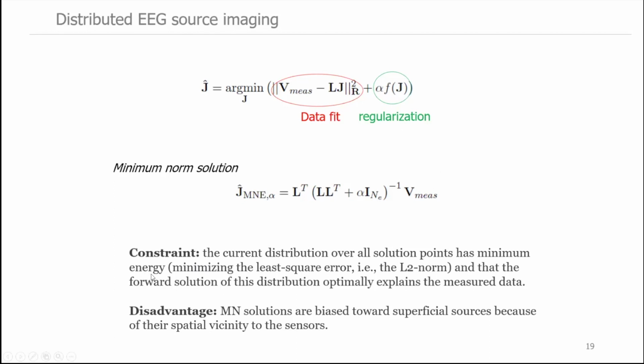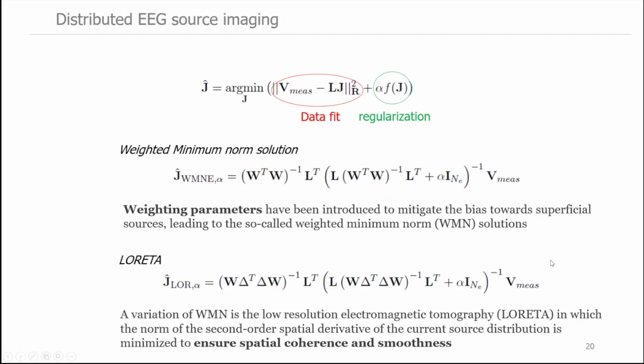So basically, if you say I want a solution that has minimal energy, you will actually bias your solutions towards superficial sources because they are closer to the sensors and they need less amplitude to achieve the same electrical field as deeper sources. So basically here, because you have this imposed constraint, the solutions will be more shifted towards the neocortex and less to the deeper brain regions.